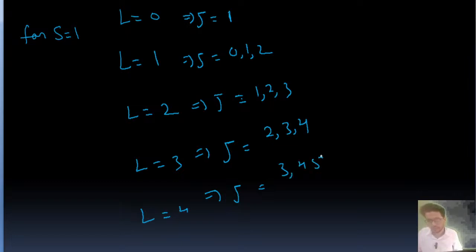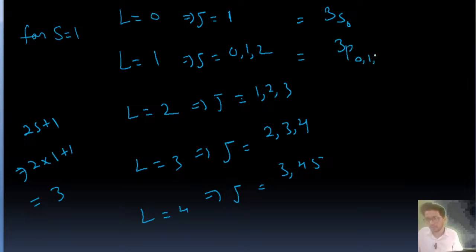Okay, now the spectroscopic terms. L equal to 0 means S, multiplicity we will find, 2S plus 1, that is 2 into 1 plus 1, that value is going to be 3. This is 3S1. This value is going to be 3P0, 1, 2.